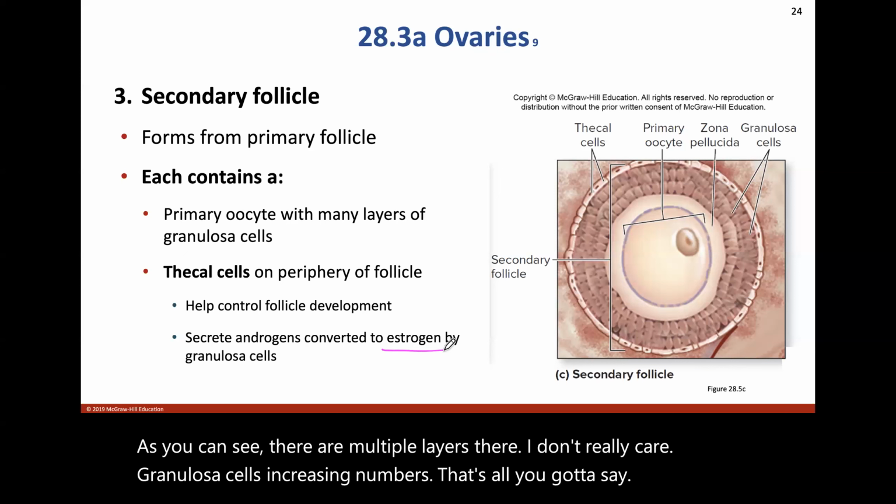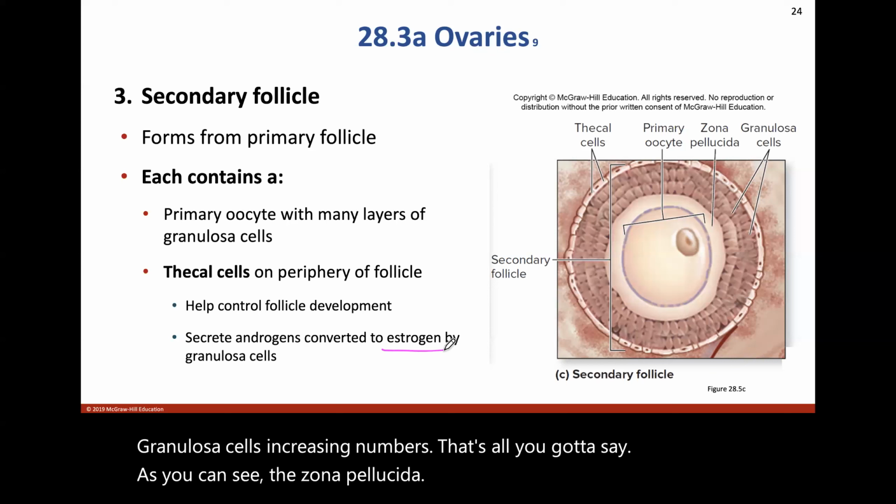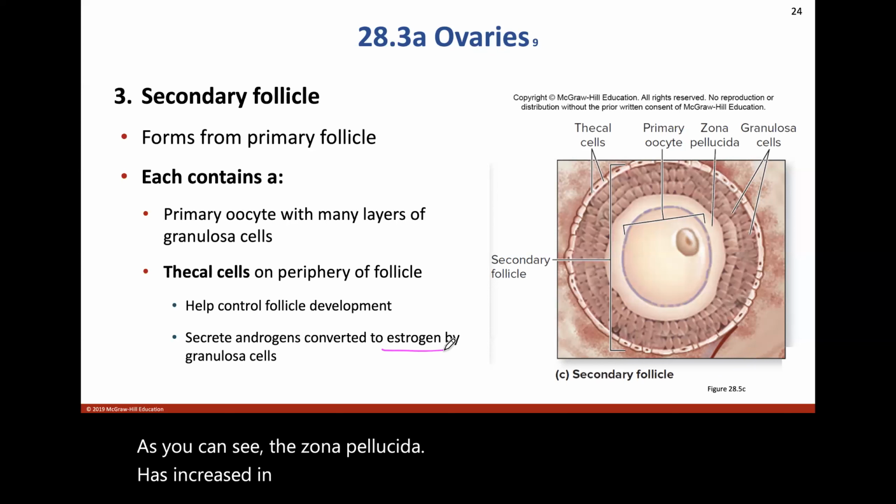As you can see, the zona pellucida is increased in size. More glycoproteins. Again, this egg is developing.